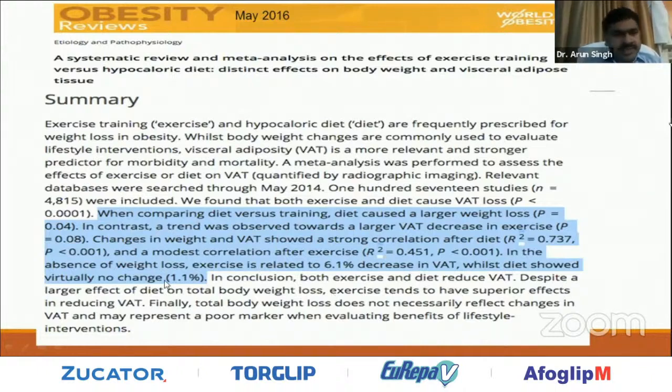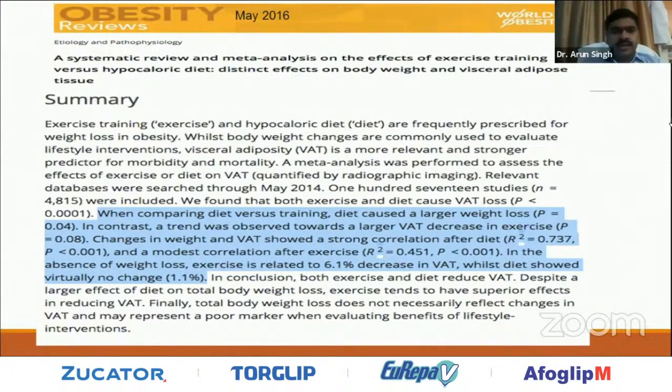And even in the absence of weight loss, exercise was shown to decrease VAT by 6%. So that is very important to note. Even when patients did not have overall weight loss, there was a decrease in visceral adipose tissue, while the control showed virtually no change. So these are very important observations which reinforce the importance of regular physical activity and exercise.